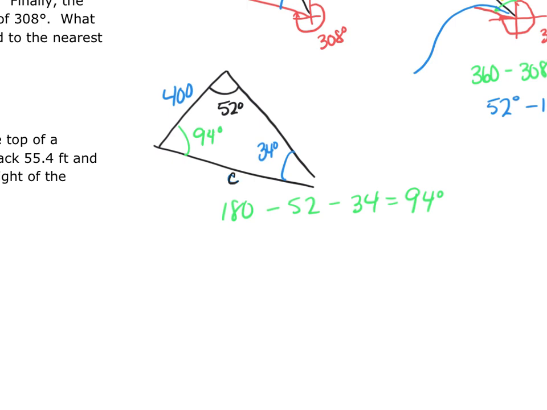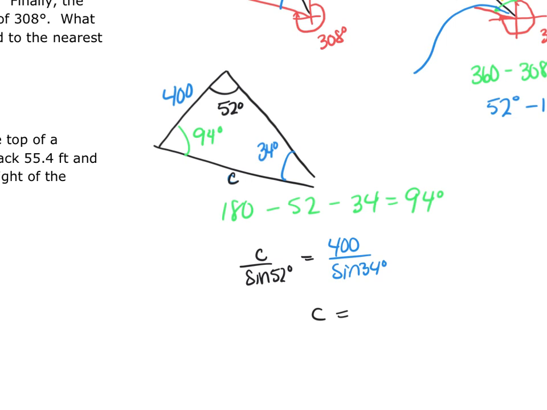And so I'm going to go to the law of sines. I have C over the sine of 52 degrees equal to 400 over the sine of 34 degrees. Make sure you're in degrees and not radians, because that will mess you up.